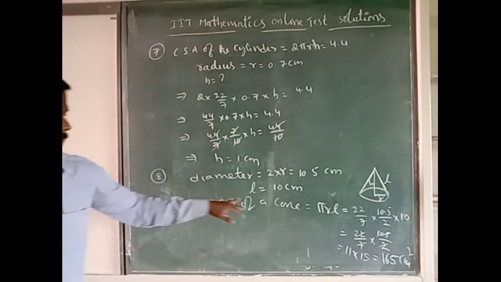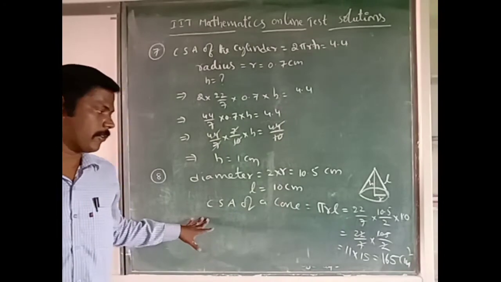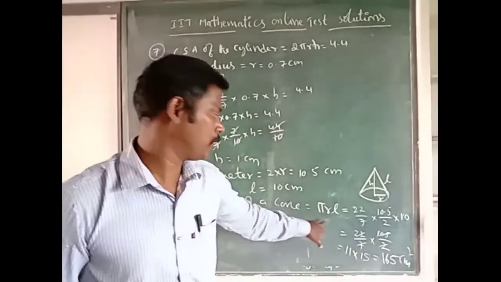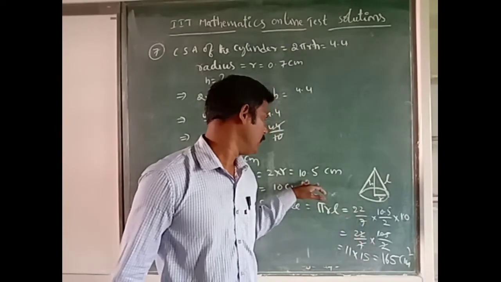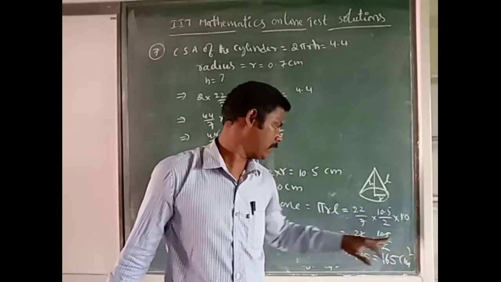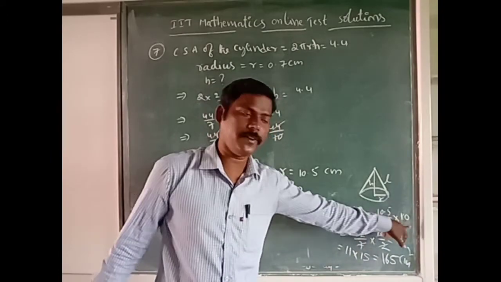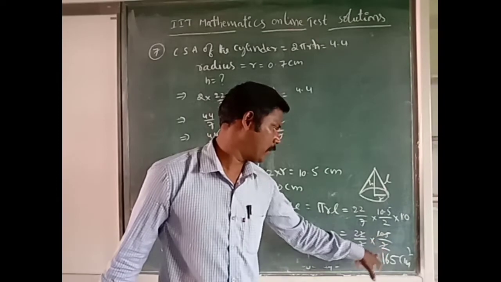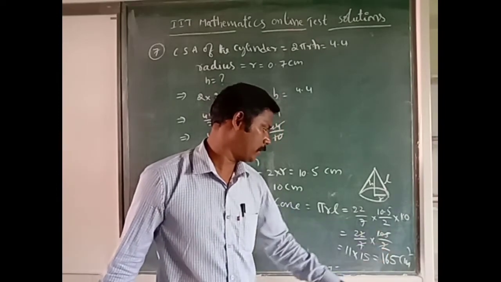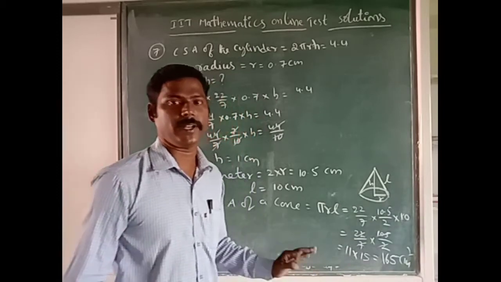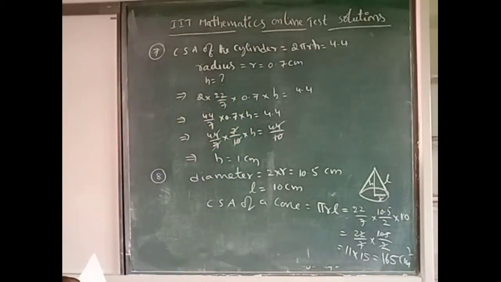The diameter is given, the slant height is given, and the curved surface area of a cone formula is πrl. The r value is 10.5/2, because diameter by 2 is the radius, into 10. You can eliminate the decimal point: 10.5/2 means 105/2. Our simplification gives 165 centimeter square. Okay, children? Please note it down.